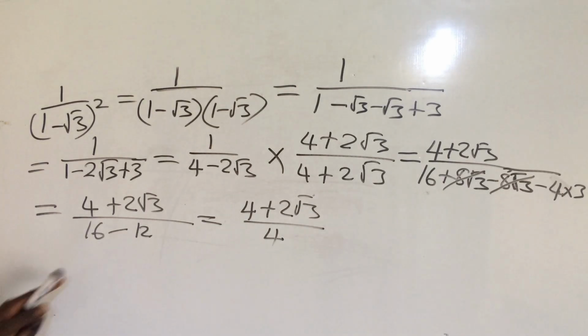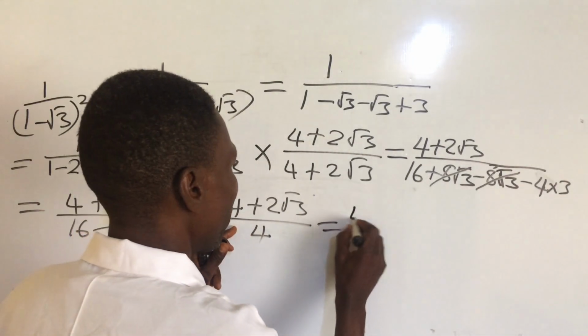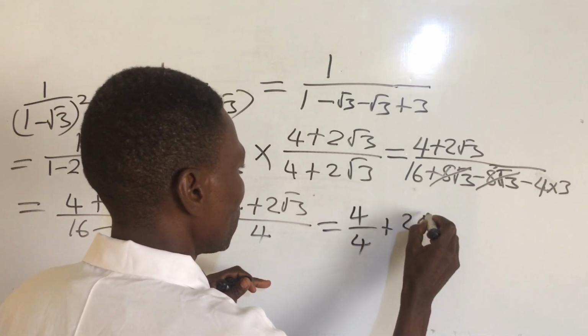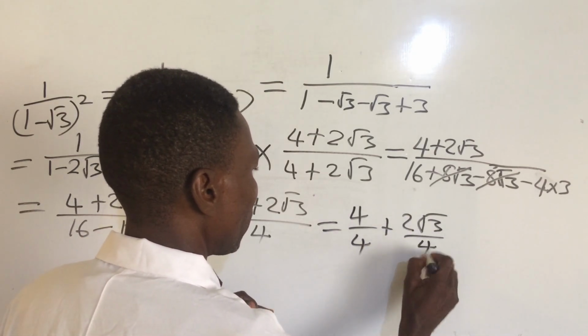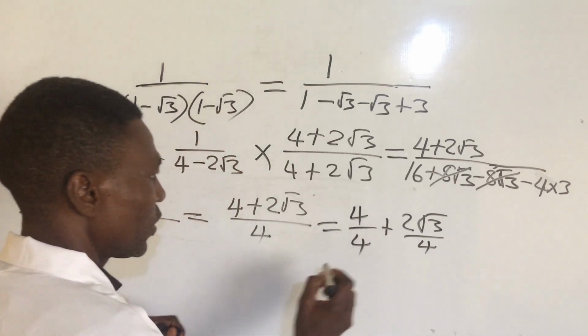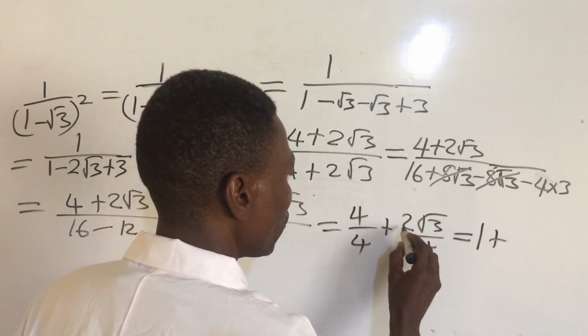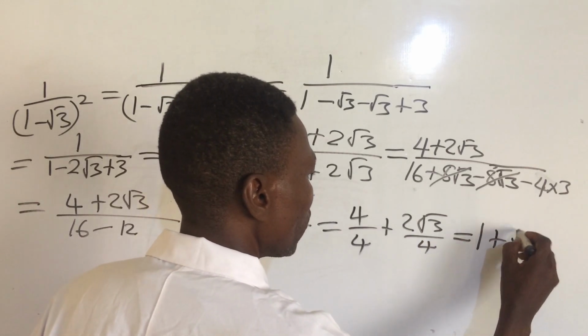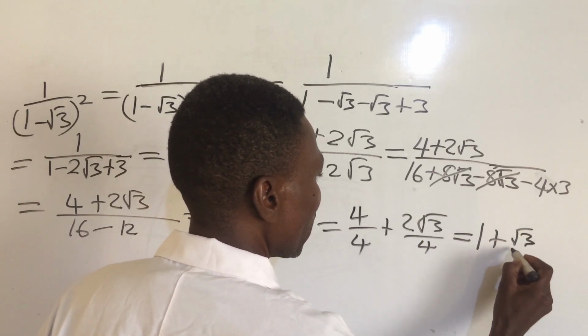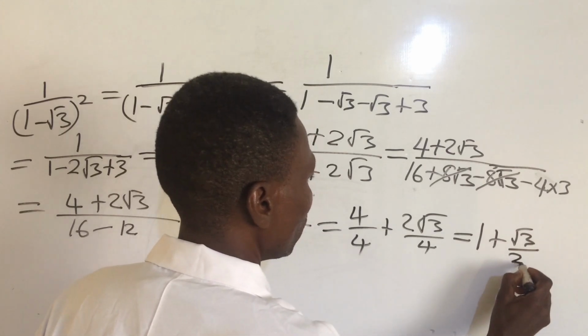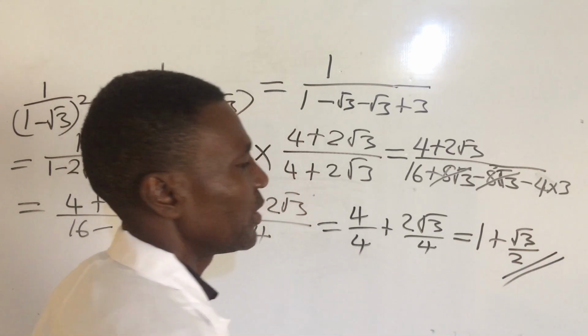It will be 4 over 4, okay, plus 2 root 3 over 4, which equals 4 cancels 4, 1, plus 2 cancels with 4 to remain 2, so we have 1 plus square root 3 all over 2, okay. So this is the answer.